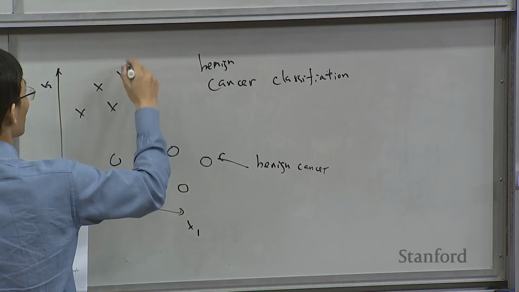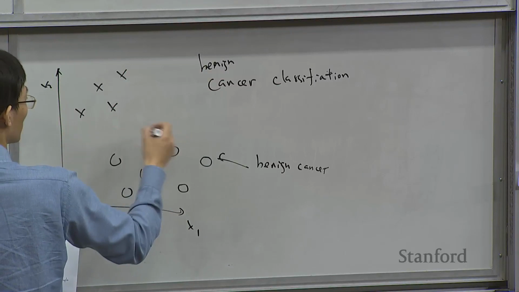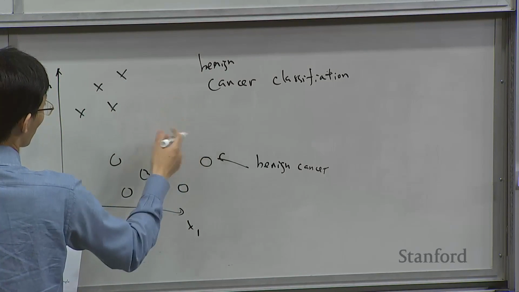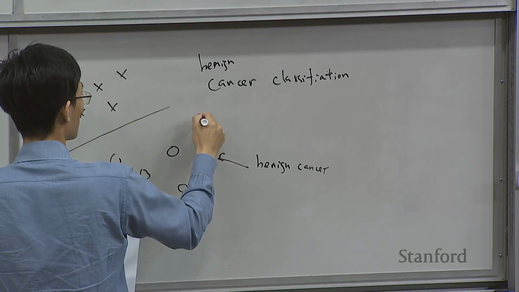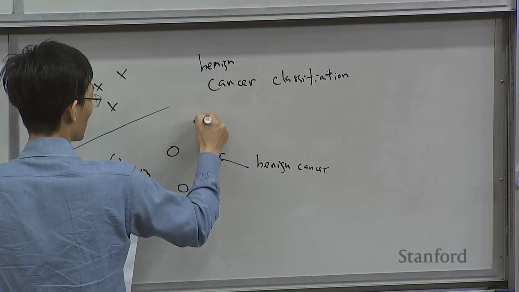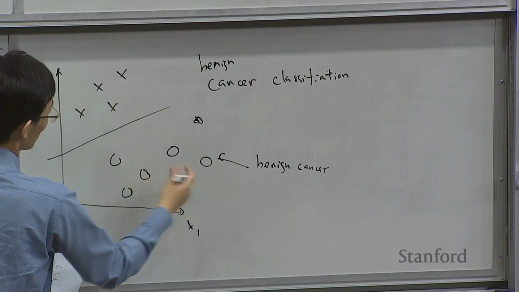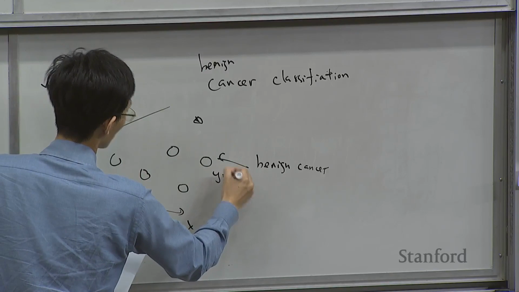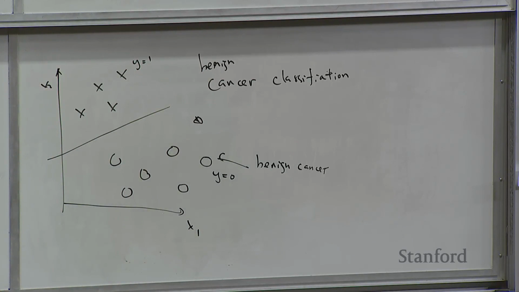These are the bad cases, malignant cancers. The question is that you want to classify these examples into two classes, so that in the future, if you see one more example here, you want to know whether this is a benign one or not. Let's call this label 0 and this label 1. That's the target application we are thinking about.